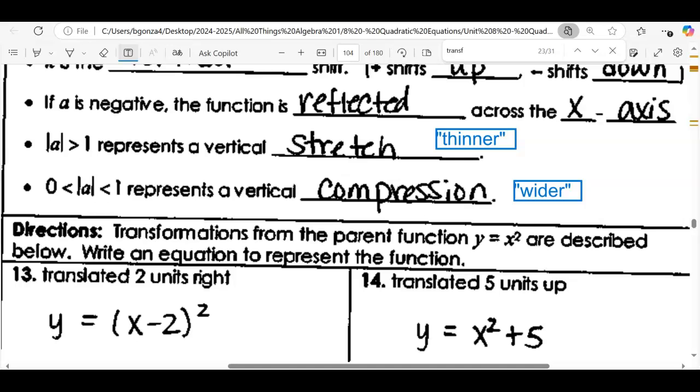What about 3 units left, 4 units down? What about 7 units right, 4 units up? Try the next two. See if you can put them in an equation.